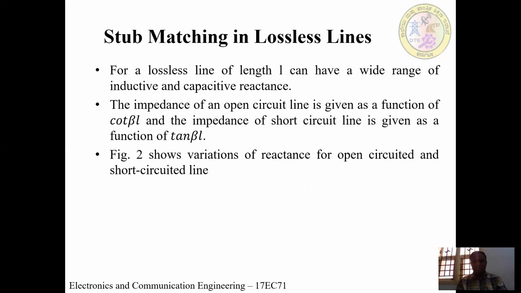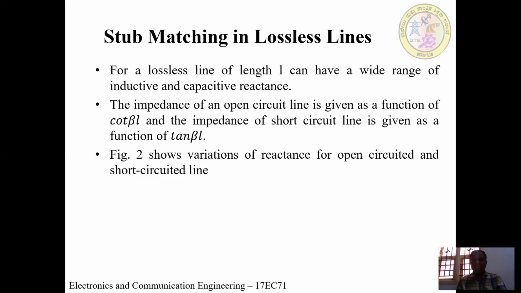So let us see stub matching in a lossless line. A lossless line of length L can have a wide range of inductive and capacitive reactance. When I take L as the length of the line, there will be inductive and capacitive reactance distributed along the line.